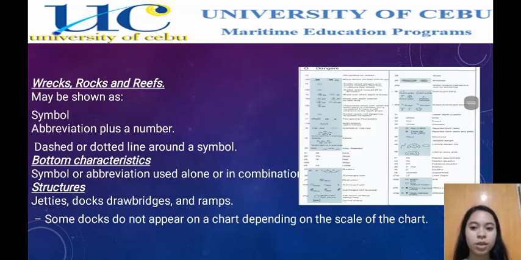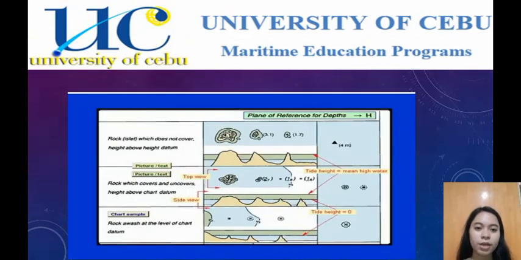Some docks do not appear on a chart depending on the scale of the chart. Here is an illustration of a rock which does not cover, height above height datum, a rock which covers and uncovers, height above chart datum, and a rock awash at the level of chart datum.